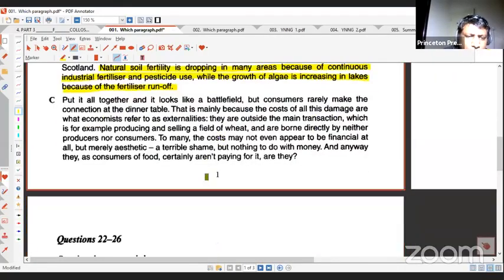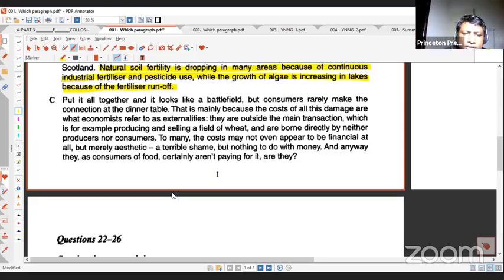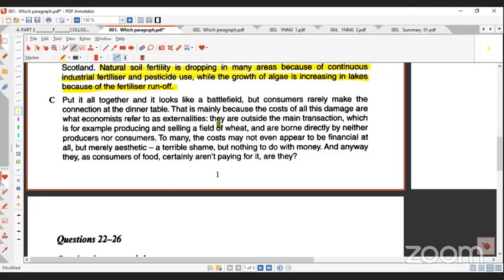Let's read C. So put it all together and it looks like a battlefield. But consumers rarely make the connection at the dinner table. This is mainly because the costs of all this damage are what economists refer to as externalities. Externalities means the effects, but not direct. They are subsidiary, the periphery.